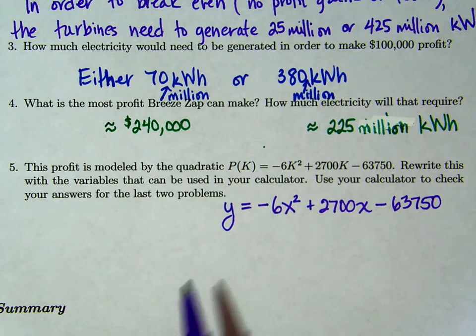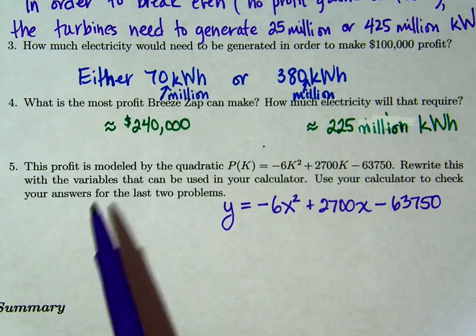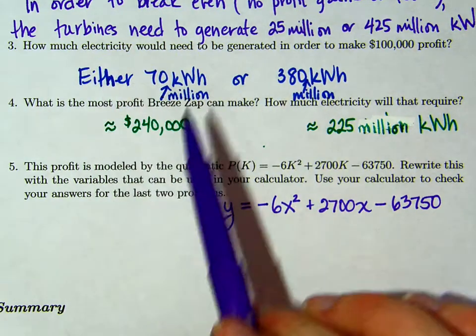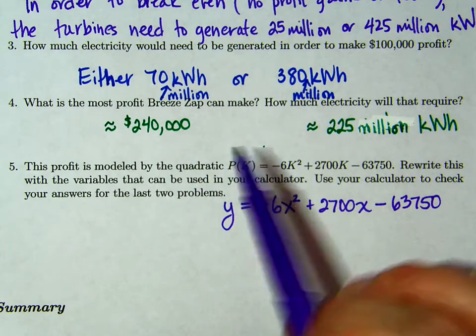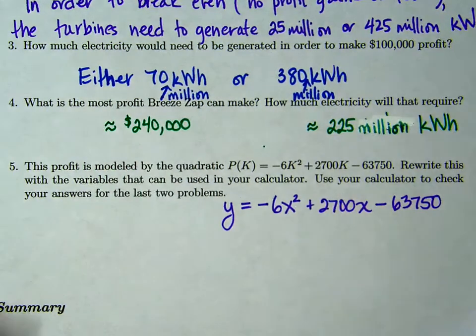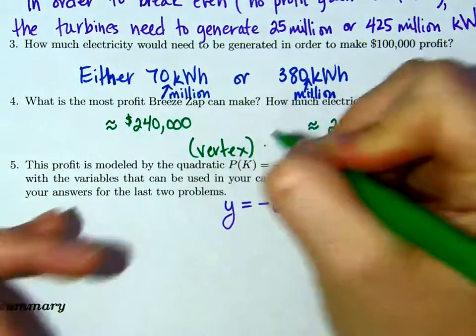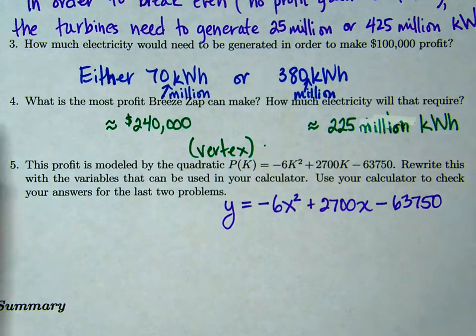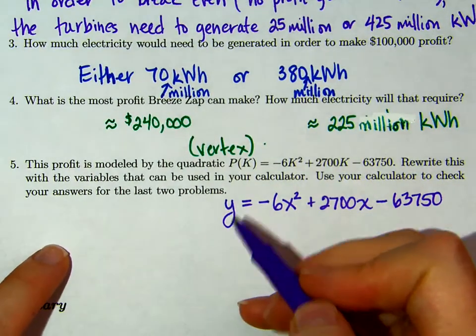Use your calculator to check your answers for the last two problems. Ooh. Okay, this could be done a couple of different ways. First, for the last two problems, this is the vertex, yes? So just so that we're crystal clear, we could actually use our formula on it, which I'm just going to check really quick to see if that's truly the vertex.